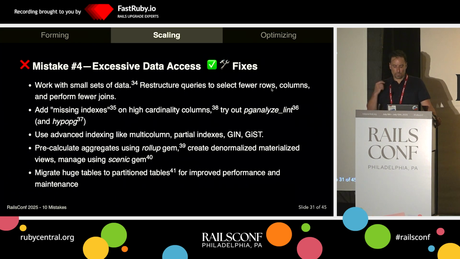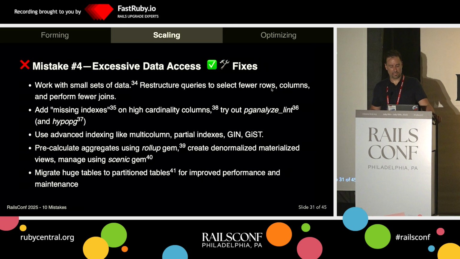So yeah, we want to try to work with small sets of data, and this is often going to involve taking a look at your existing queries and restructuring them, looking for additional opportunities to select fewer rows through extra filtering, select fewer columns, performing fewer joins. We can look for missing index opportunities on high cardinality columns. I've got some queries that you can use to try that out, or we'll look briefly at the pganalyze-lint command line tool.